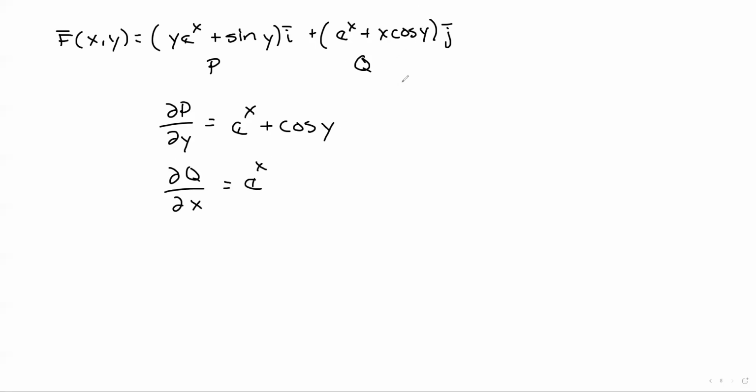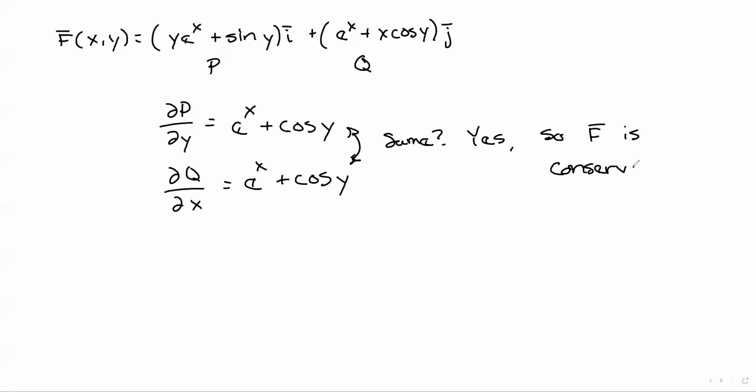Differentiate this with respect to x, and we get cosine of y. And then are these the same? Yes. So F is conservative. Okay, so that's all there is to doing the test.